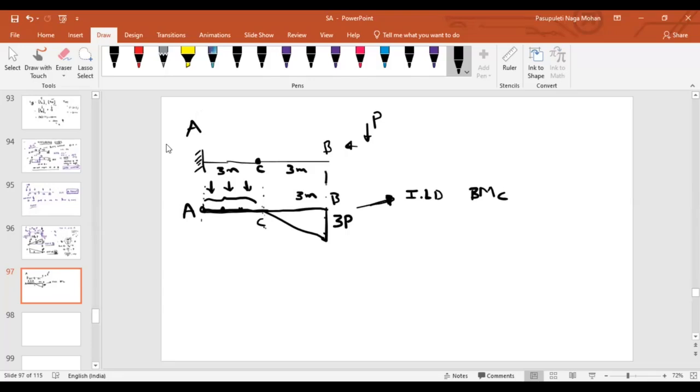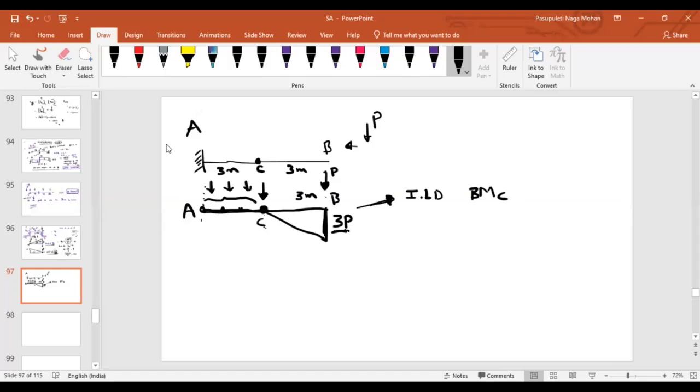If the point load is here, P, what is the corresponding ordinate? 3P. So if the load is at point B, what is the corresponding ordinate? 3P. That means what is the bending moment at C? Nothing but 3P. If the load is here, what is the ordinate? 0.